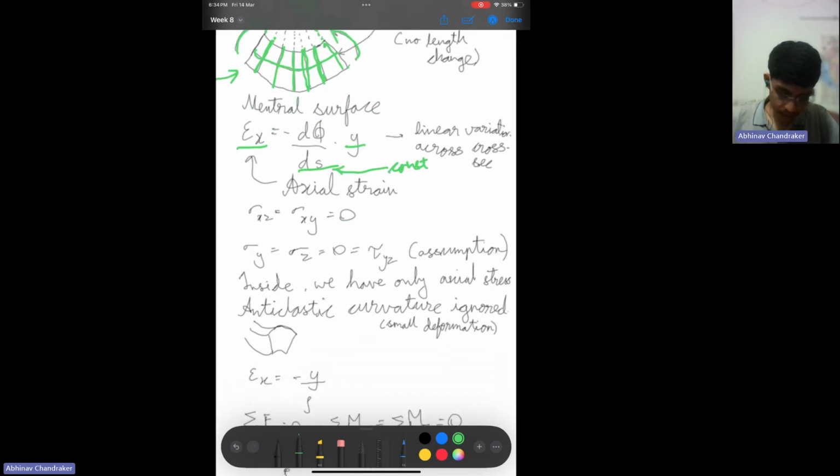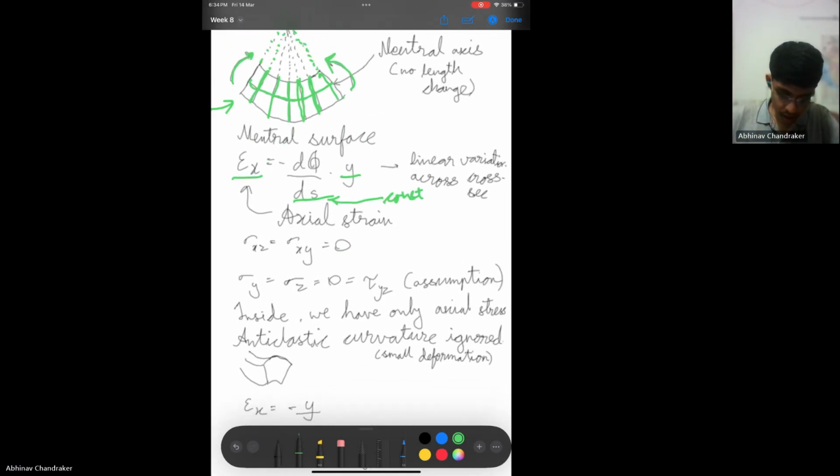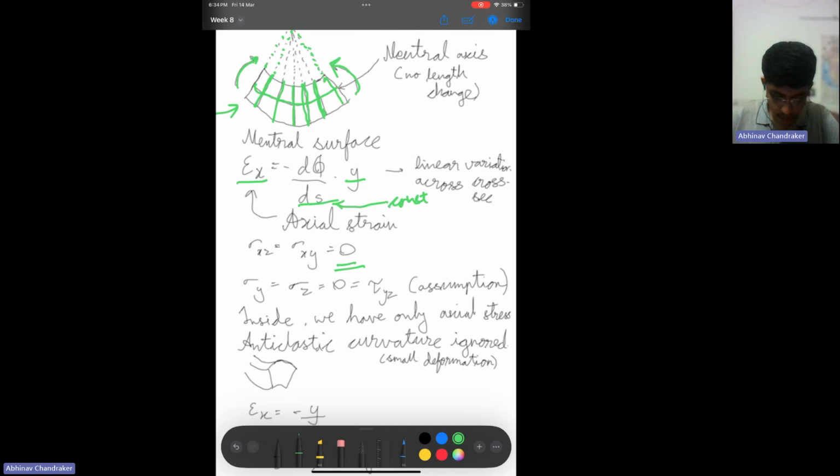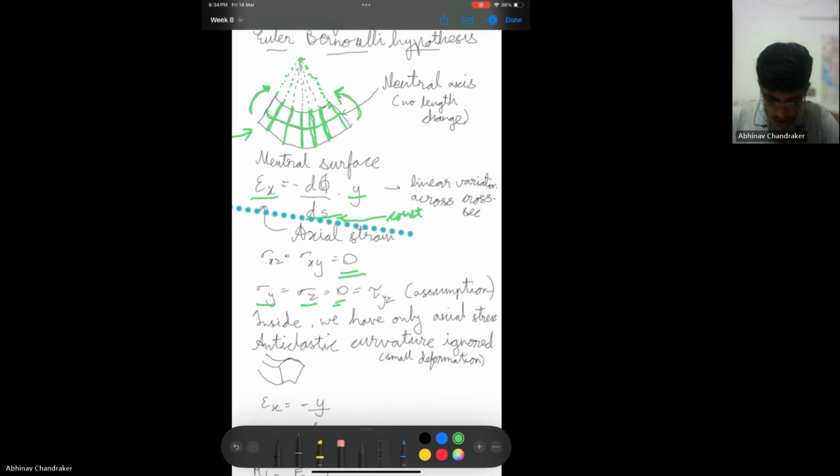Also, the shear stresses on the x plane in the z direction and on the x plane in the y direction are going to be 0. The axial stresses in the y direction and the z direction are also going to be 0. And then sir also showed that the shear stresses in the yz direction will also be 0.